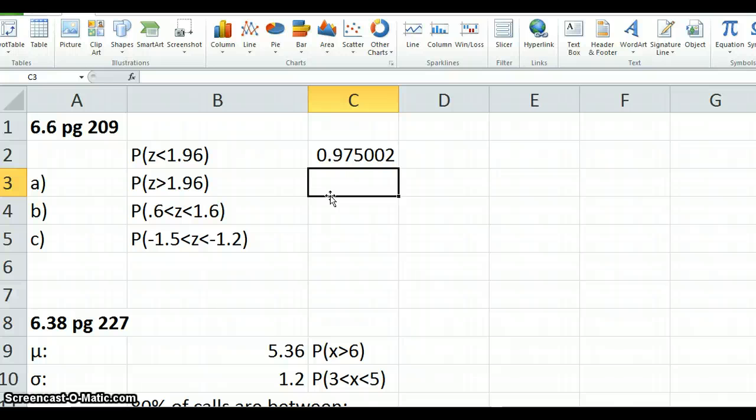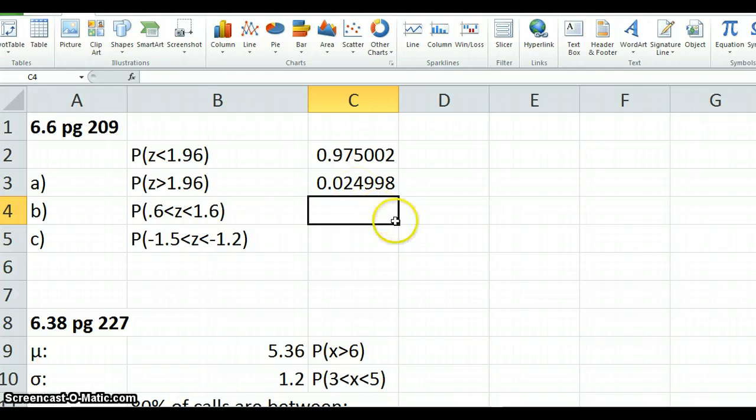That's not hard if you remember that it's a probability curve, so the entire area under the curve has to be 1. I've already figured out the area to the left of 1.96, so to figure out the area to the right, all I have to do is say this is equal to 1 minus the number I just computed.